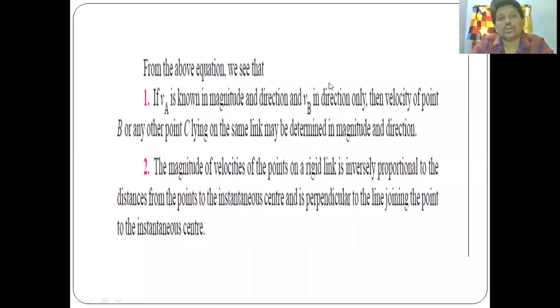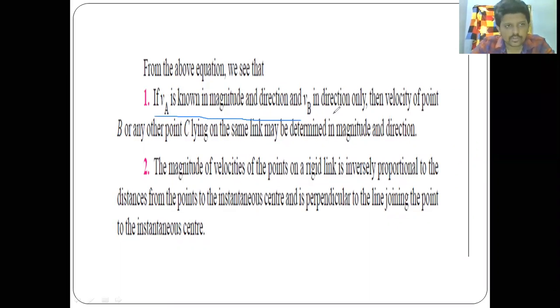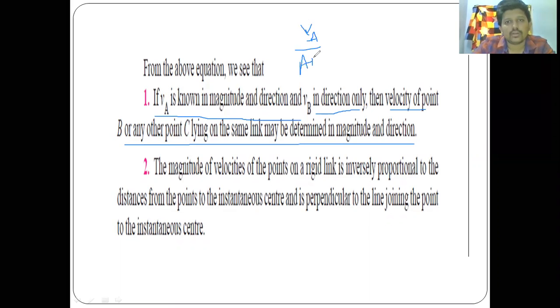From the above equations, we find two things. If VA is known in magnitude and direction, and for VB we only know the direction, the velocity of point B or any other point C lying on the same link can be determined. If you see the equation we wrote, VA by AI is equal to VB by BI.